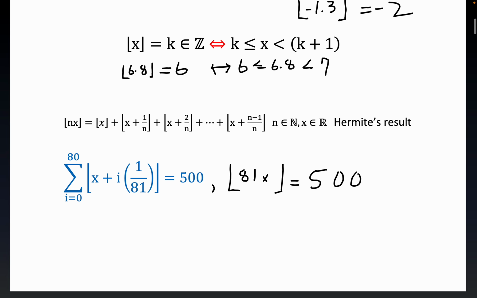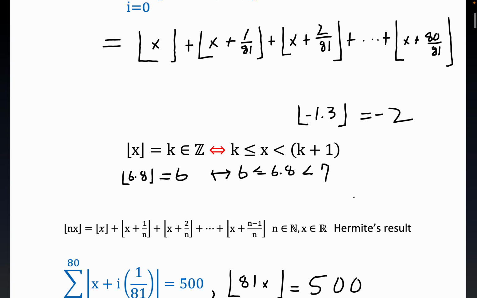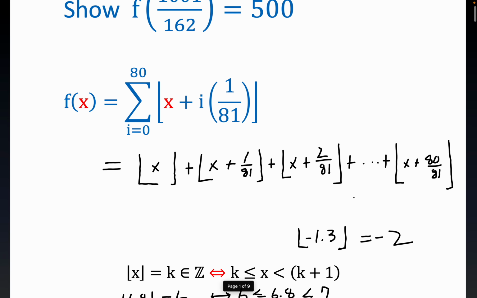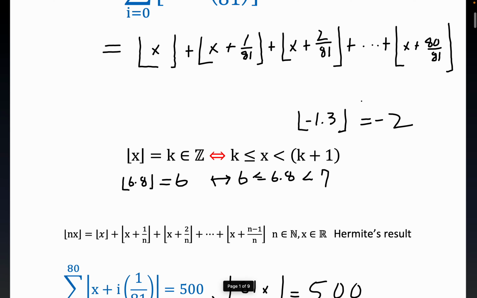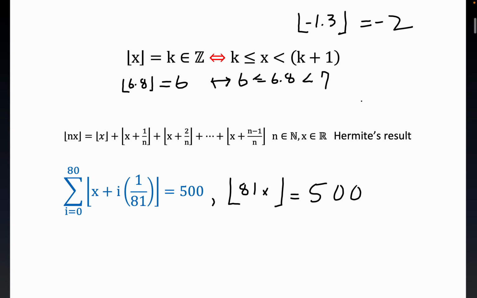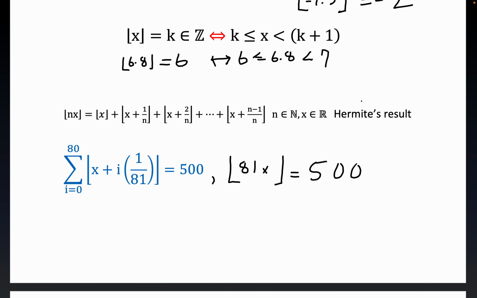Now don't forget, we're trying to show that when you substitute x equals 1001 divided by 162 into this summation function, you get 500. So let's see how that could possibly be true. Now what we can do is get a range of solutions.